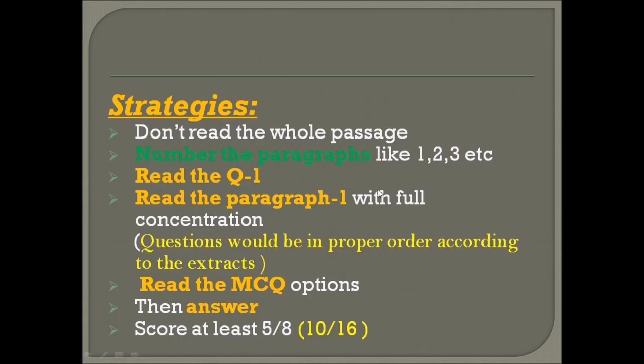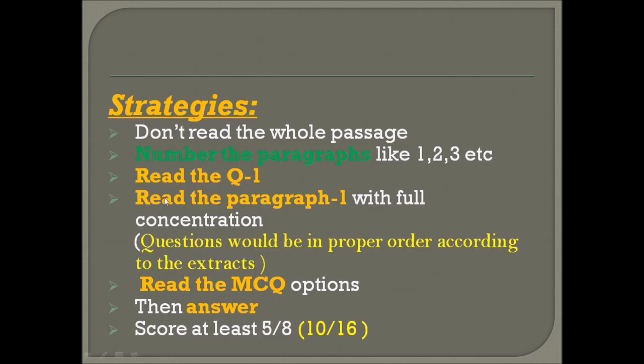First of all, number the paragraphs, like paragraph 1, paragraph 2, paragraph 3. A whole passage is given in different paragraphs. There may be 6, 7 or 8 paragraphs in each passage.